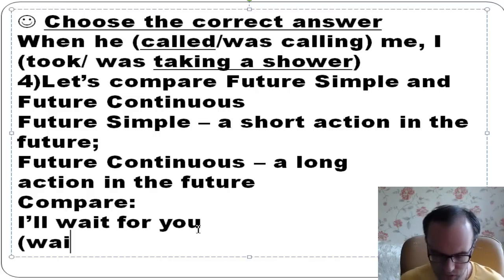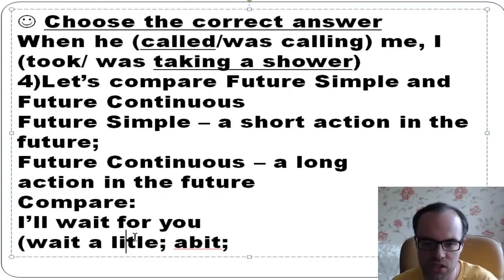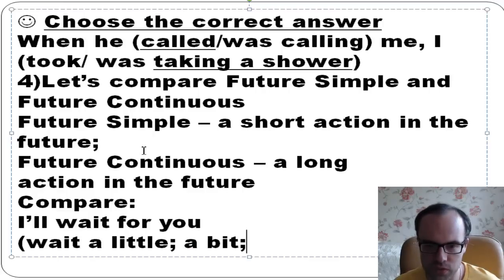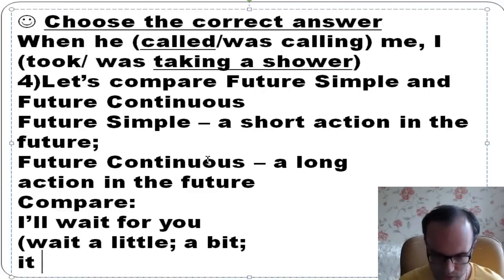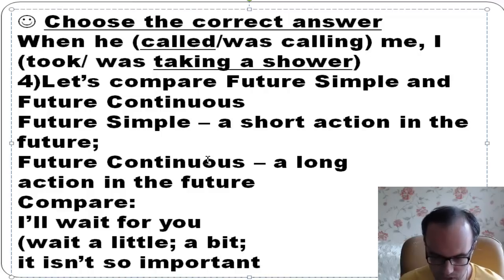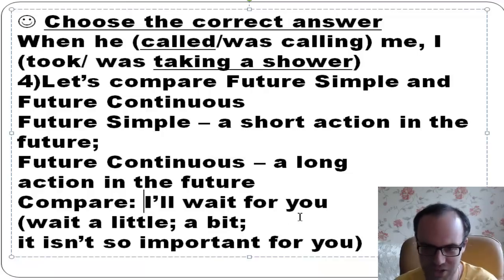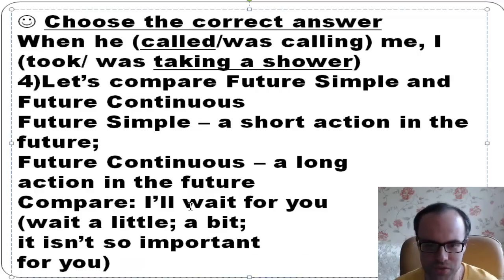You'll wait a little, and it isn't so important for you.